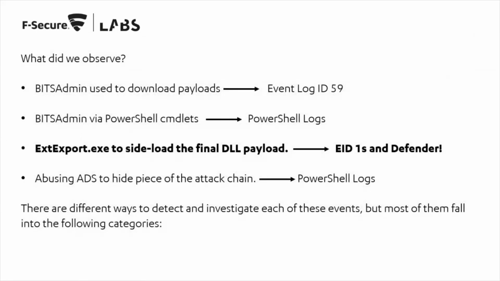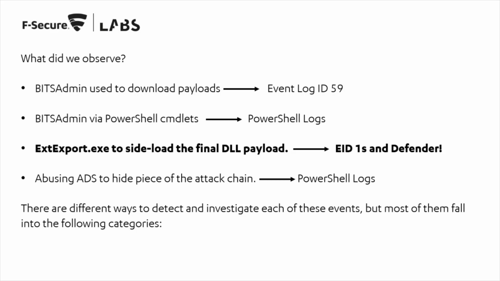Additionally, we've also seen how Export can be used. Again, this is used to sideload DLLs and execute them. I actually know that Defender has alerts for this. From my experience, it's not 100% effective. It's a behavior-based signature.